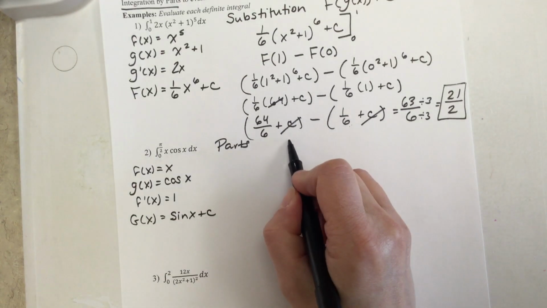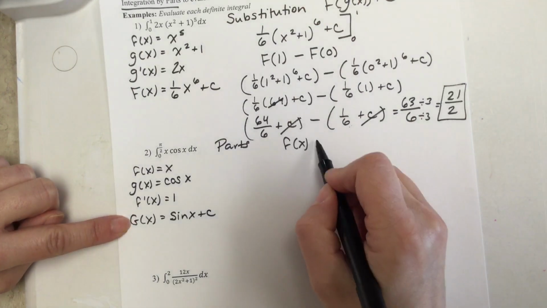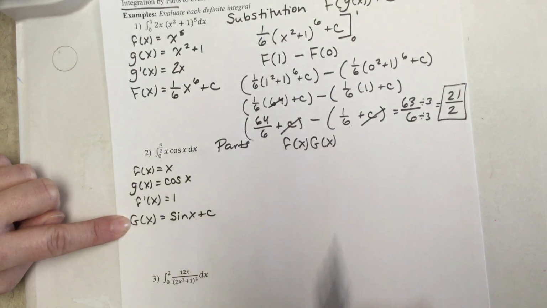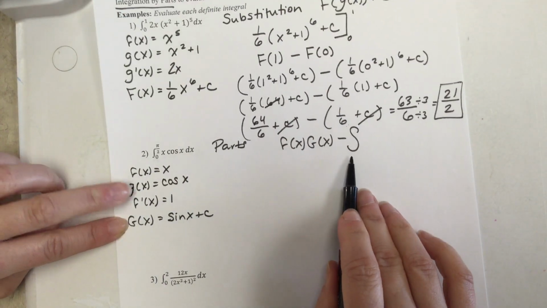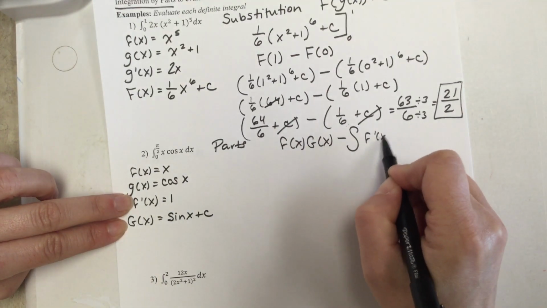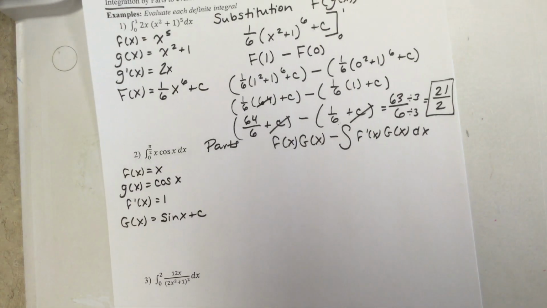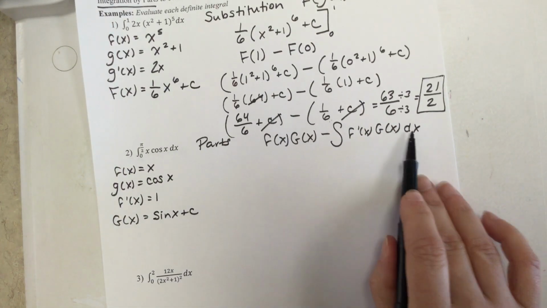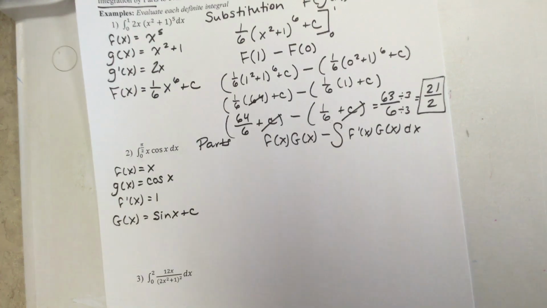Now remember, integration by parts, the formula is you take your original f of x times the antiderivative of g of x minus the integral of the derivative of f of x times the antiderivative of g of x times dx. This just means that we know we are calculating another integral within the problem.